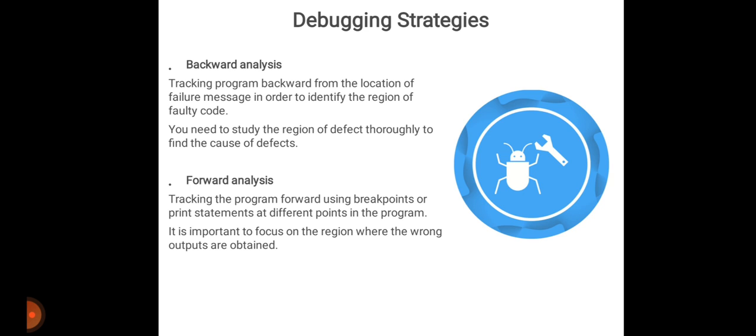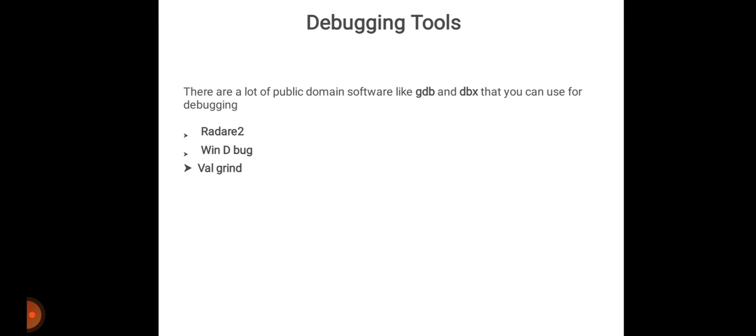So the next one is debugging tools. Whatever tools we are using while debugging our program. A debugging tool is a computer program which is used to test and debug other programs. There are a lot of public domain softwares like GDB and DBX that can be used for debugging.